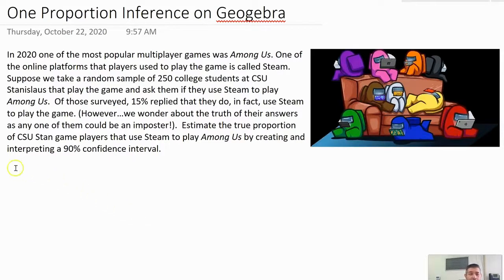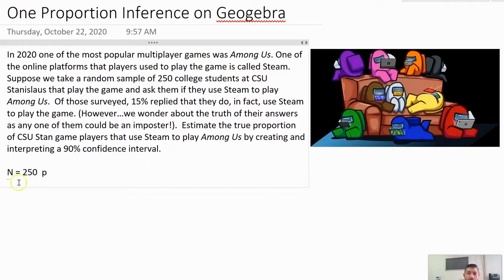A couple of things we have to do first is figure out what n is. My pen is not working today, so I'm going to do a lot of this typing. n is going to be equal to the sample size, which in this case is 250. p is actually p hat.